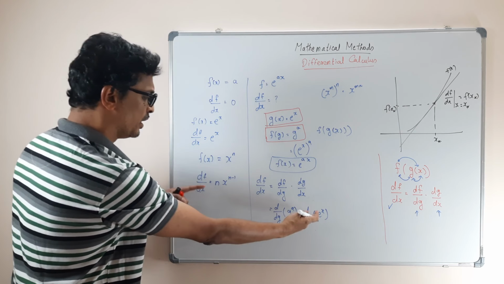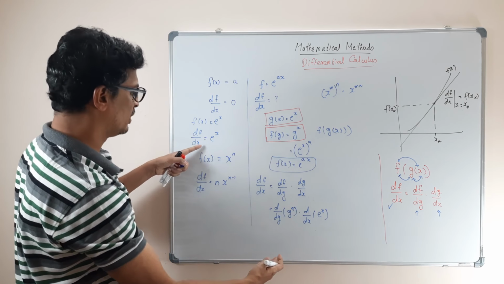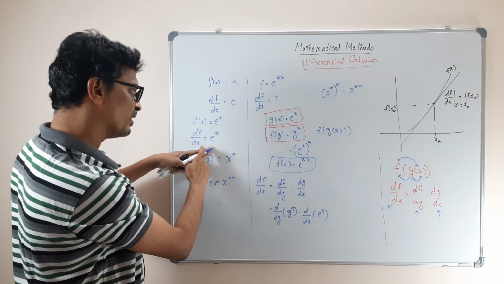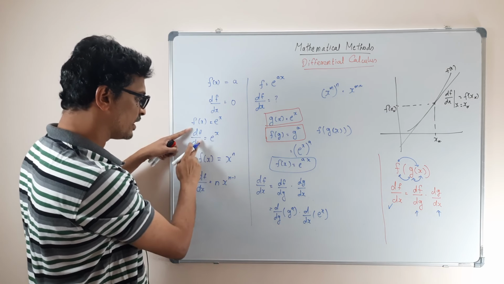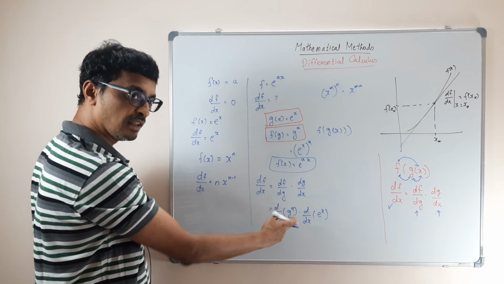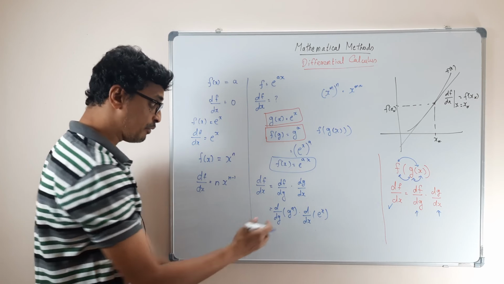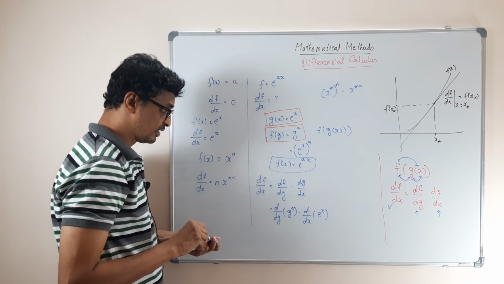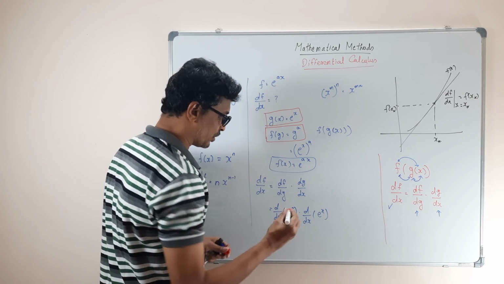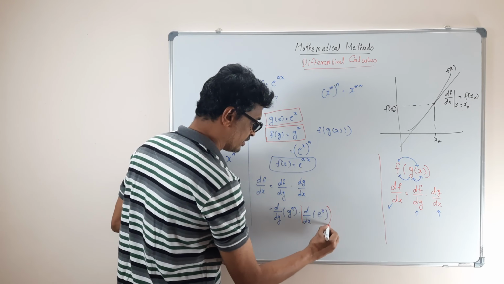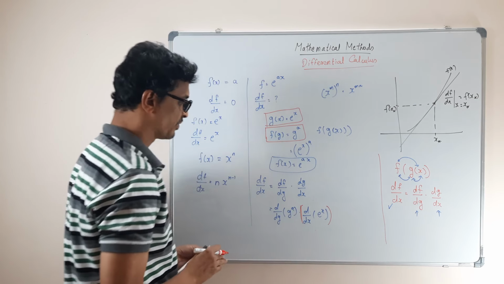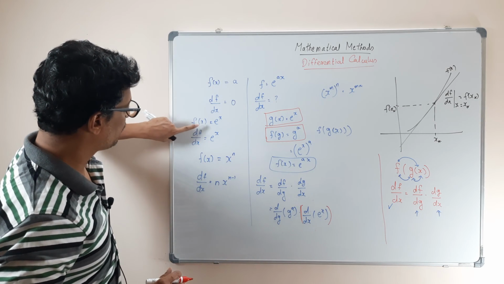You know, e power x is equal to what? df by dx, when f of x is e power x, df by dx is equal to what? Tell me what will be this quantity? We are done, na? f equal to e power x.